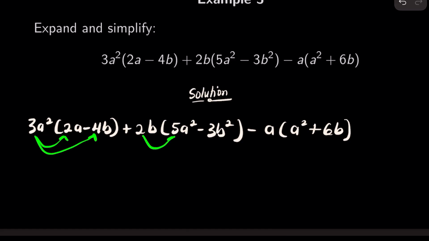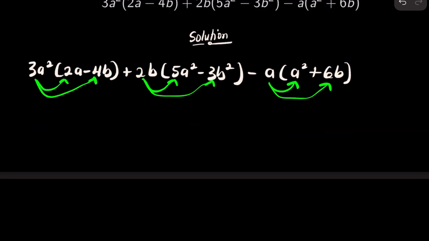So we are going to have this multiplying this and that, and also this times this and that. And so here we have 3a squared times 2a. So 3 times 2 is 6, and a squared times a is a cubed. So we are going to have 6a cubed, and also 3a squared times minus 4b.